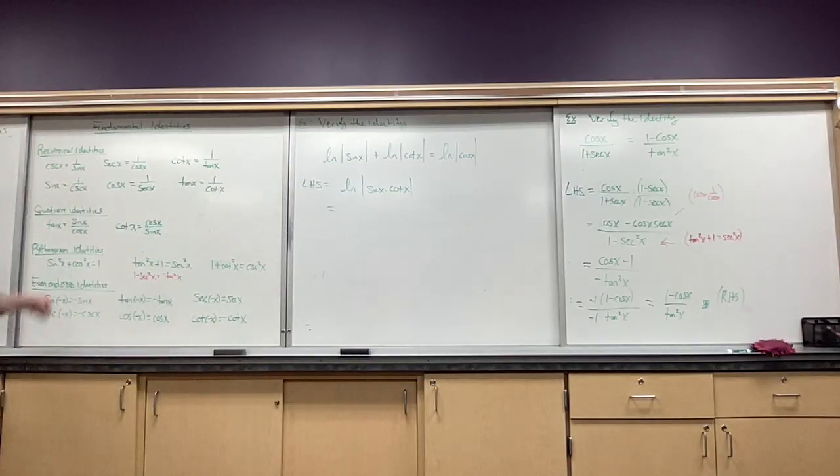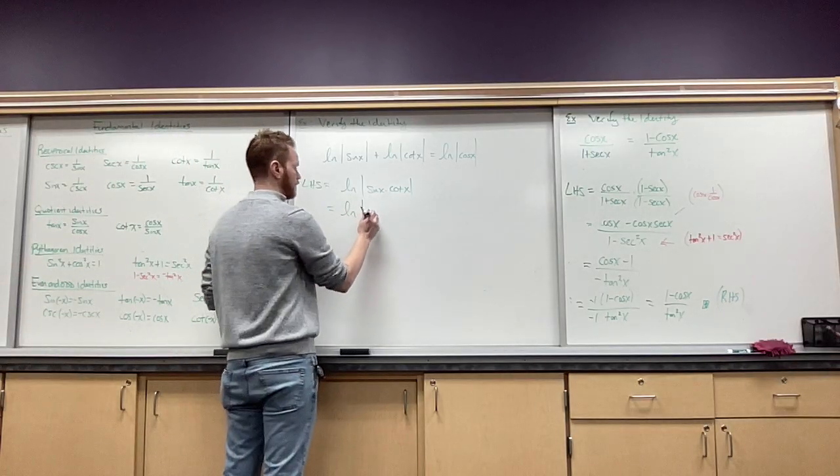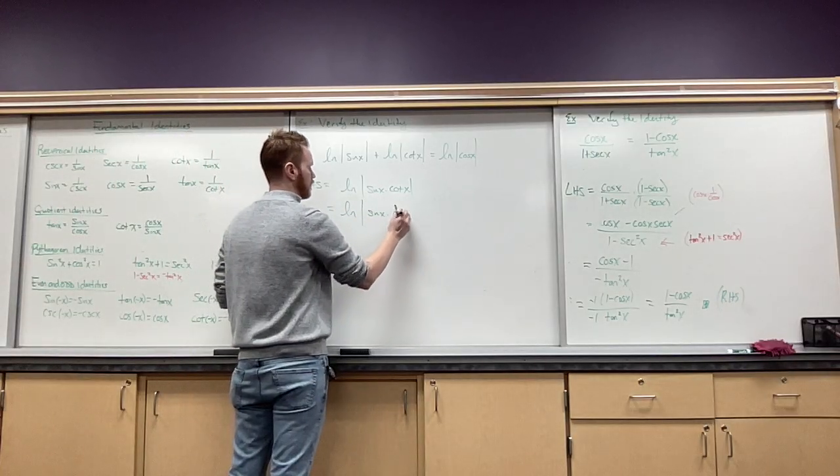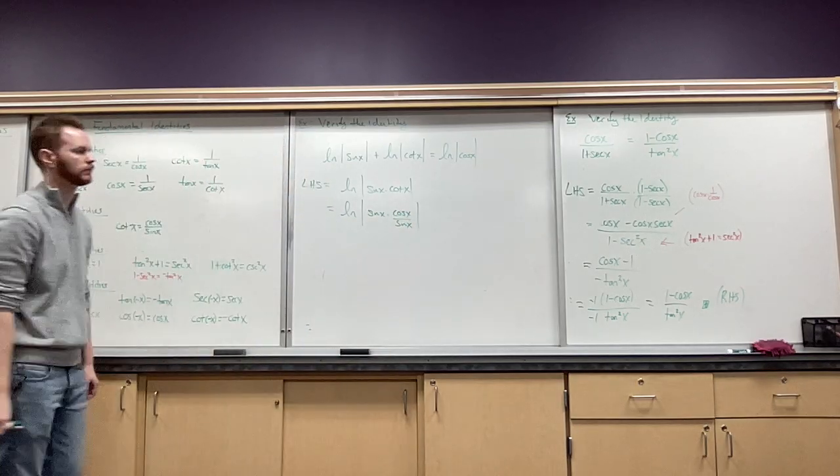Okay? Now, cotangent of x can be rewritten. We could swap that out for what? Cosine of x over sine. Yep, so let's do that. There we go.